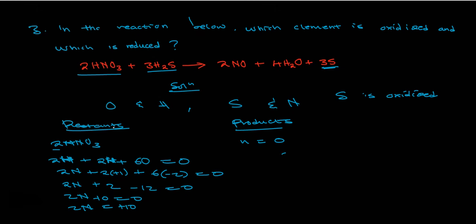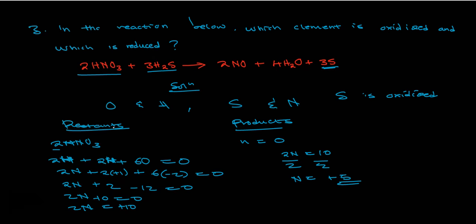We divide both sides by 2. We are having N to be positive 5. So to the reactants, the oxidation number of nitrogen is positive 5.